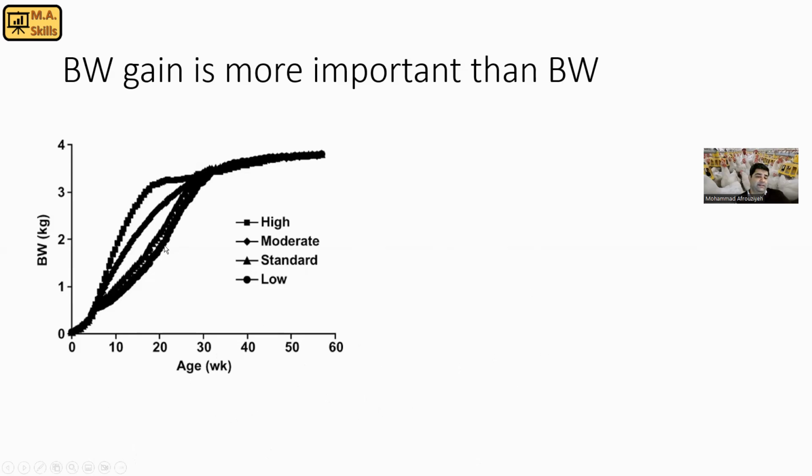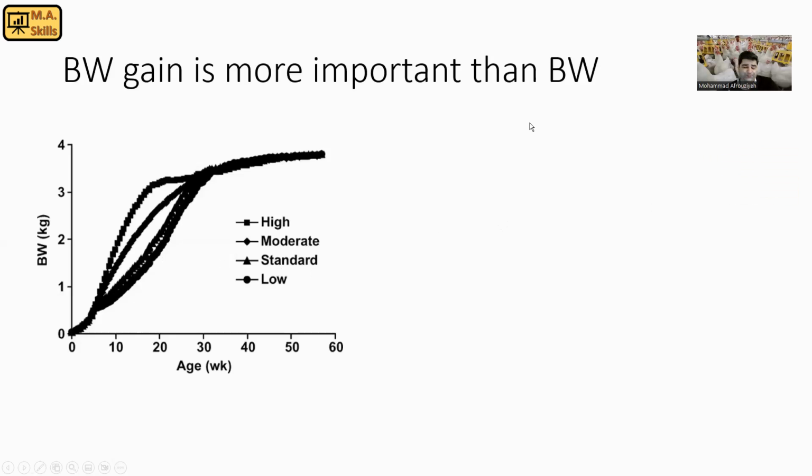They tested different body weight curves, and they called them low body weight, which is this bottom one, standard body weight curve, which is based on the breeder recommended target curve, moderate body weight curve, which was slightly higher than the standard curve, and high body weight curve, which means that those birds were raised on a high target body weight, compared to the standard one, the breeder recommended one. What were the results?